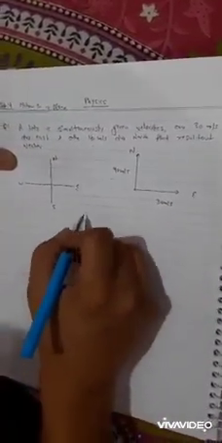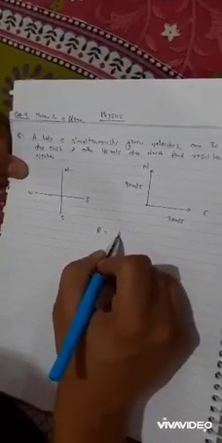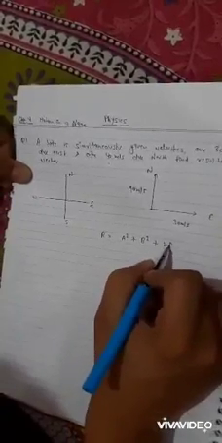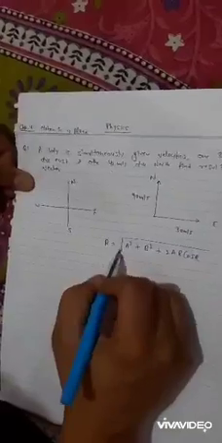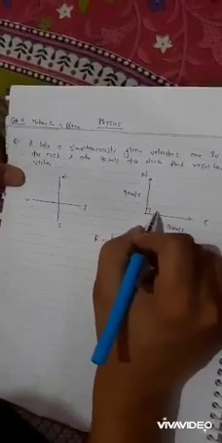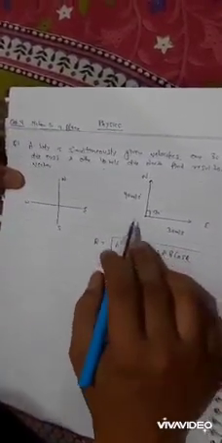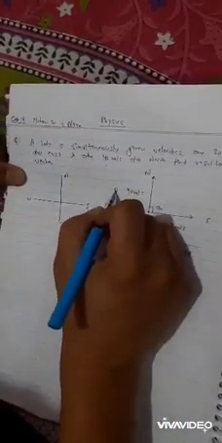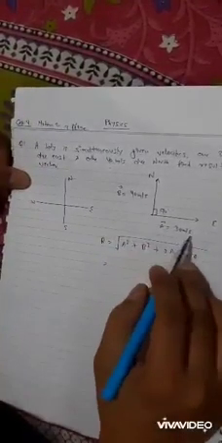We know the formula of the resultant vector: R is the square root of a square plus b square plus 2ab cos theta. Here we have a 90-degree angle, and our first velocity a is 30 meter per second and b is 40 meter per second.